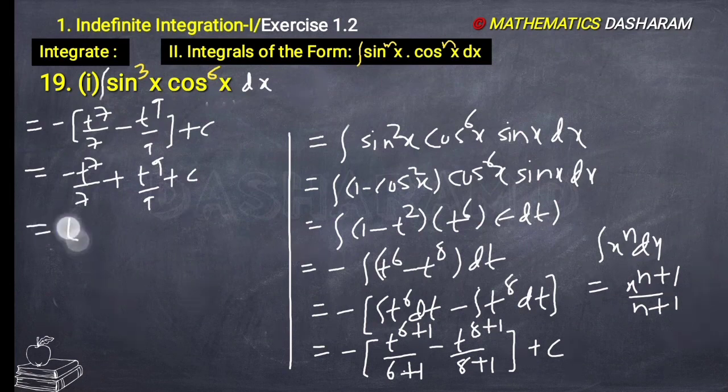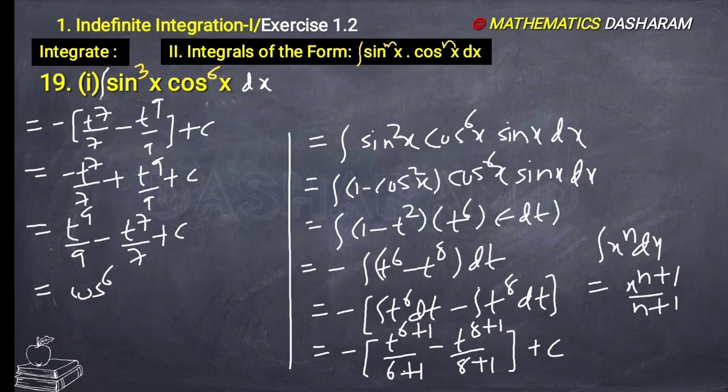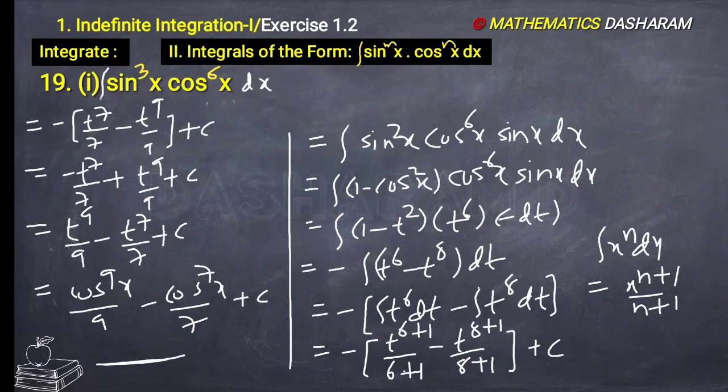Write the positive term first, negative term second. Now substitute the t value. T value is cos x, so cos to the power of 9x by 9 minus cos to the power of 7x by 7 plus c is our required answer.